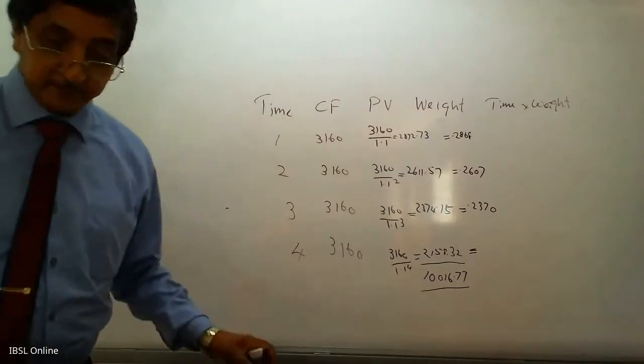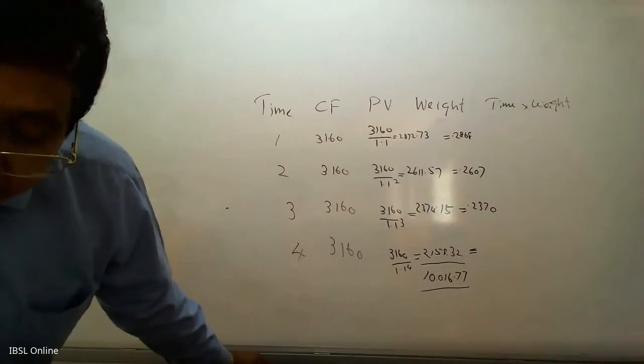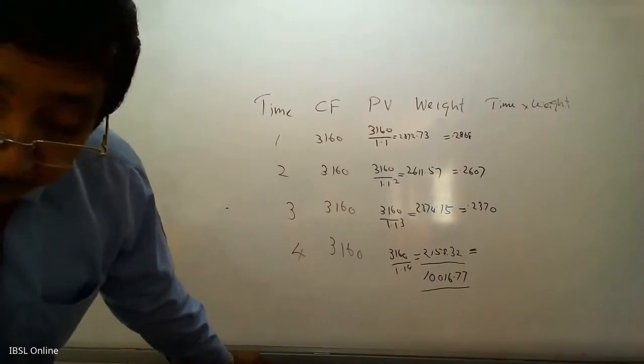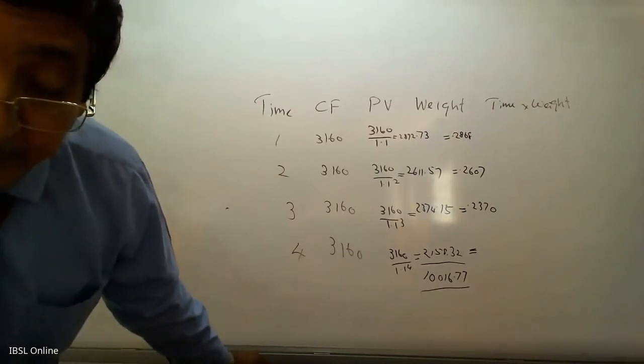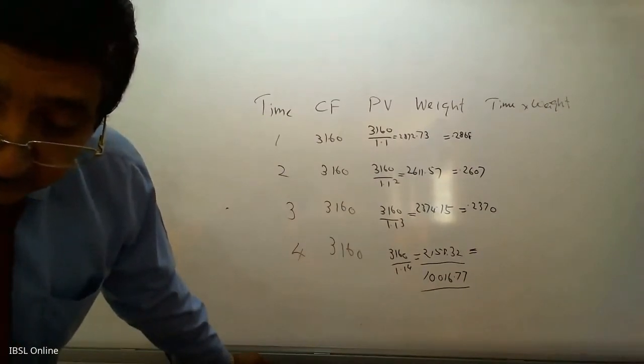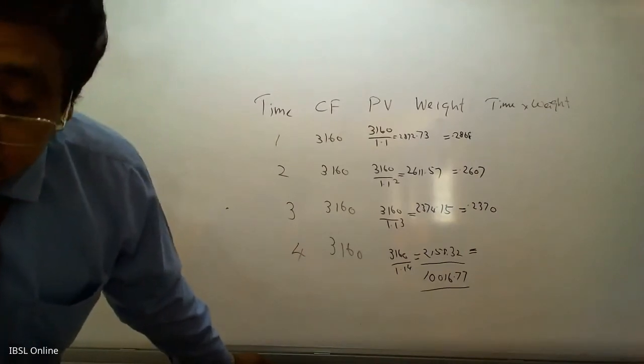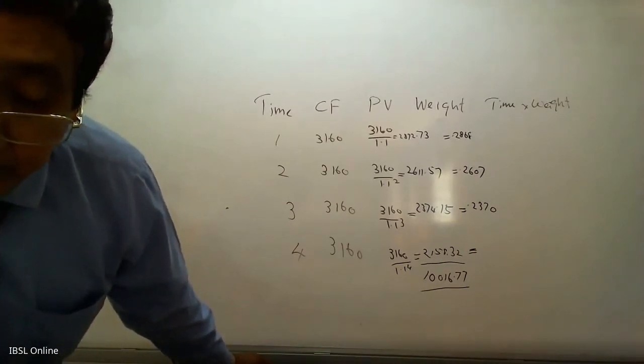The last one, 2,158.32 divided by 10,016.77, is 0.2155.